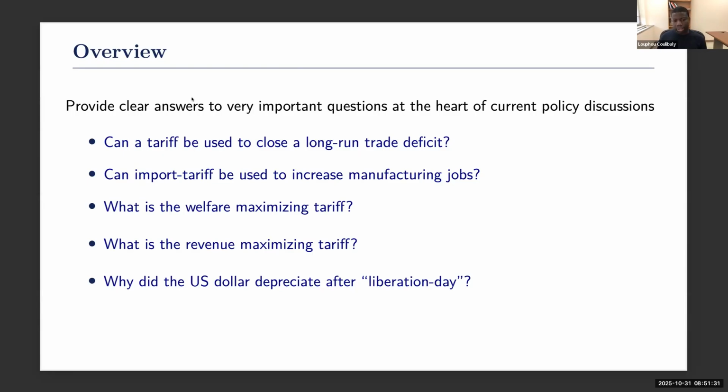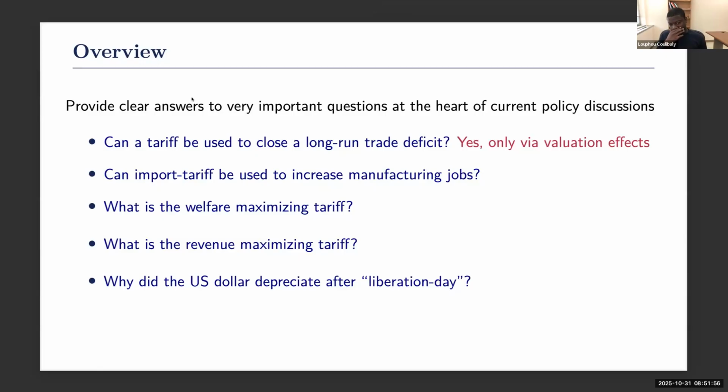They also ask if an import tariff can be used to increase manufacturing jobs. What is the welfare maximizing tariff? What is the revenue maximizing tariff? And the paper can also explain why the US dollar depreciated after Liberation Day. I'm going to give you a brief overview of the main results, and then I'm going to move to some of my questions about the paper.